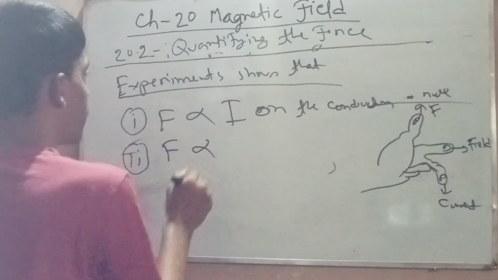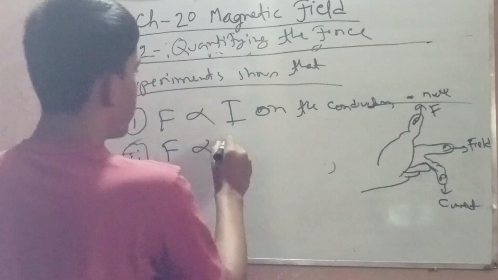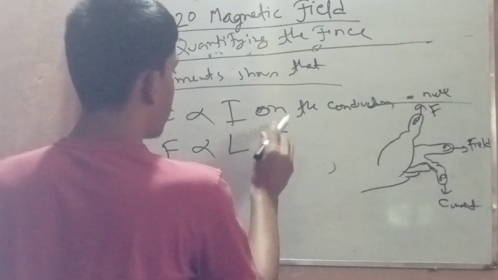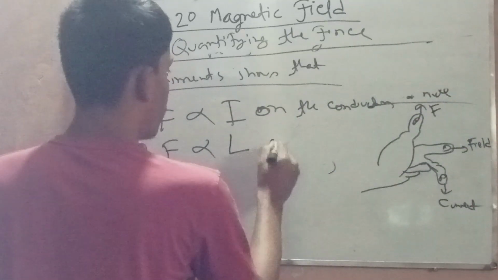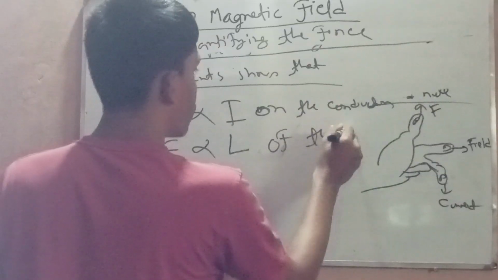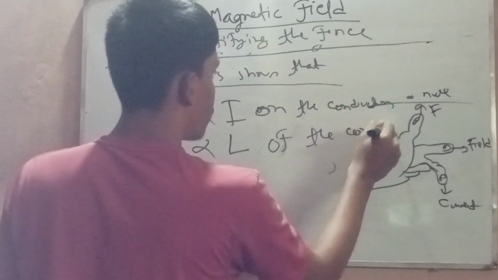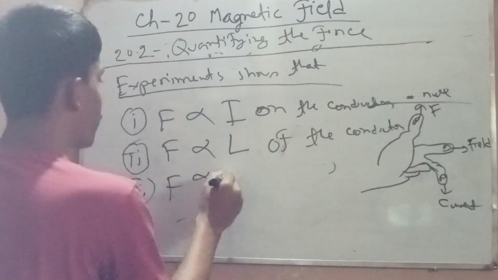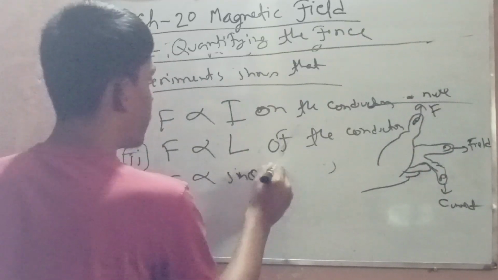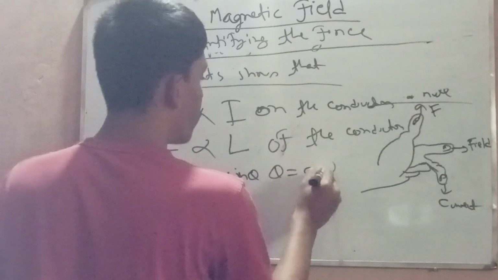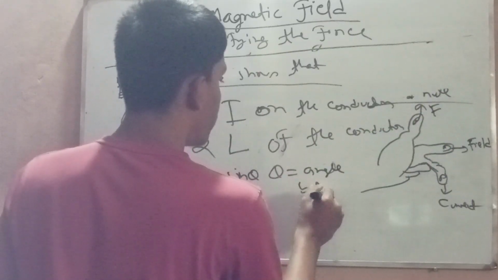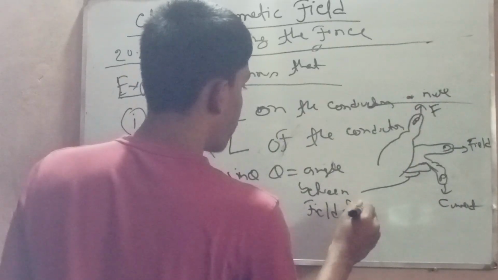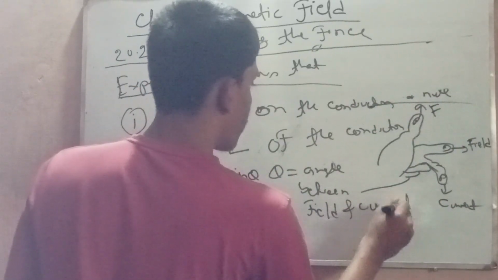Force is directly proportional to the length of the conductor. Force is proportional to sine theta, where theta is the angle between field and current.